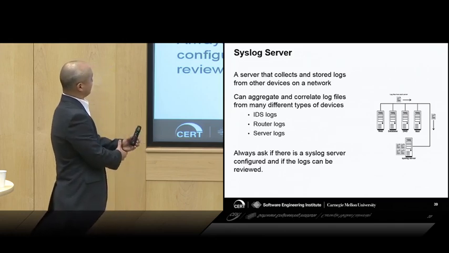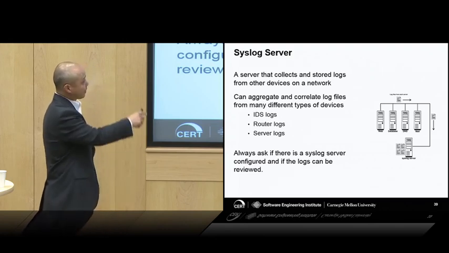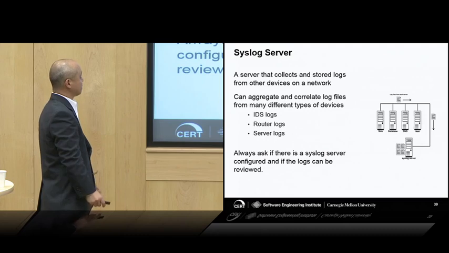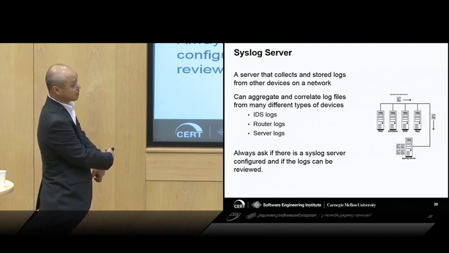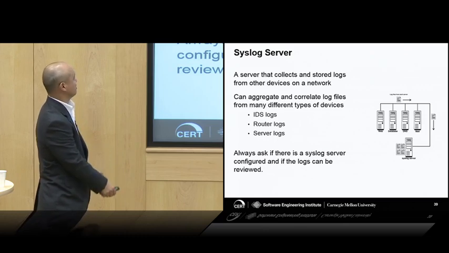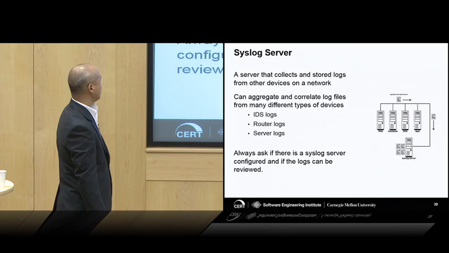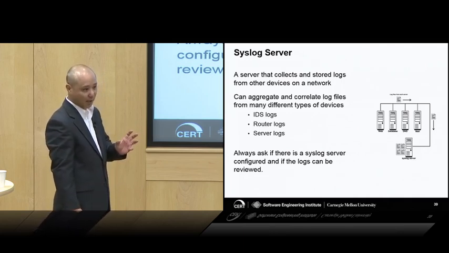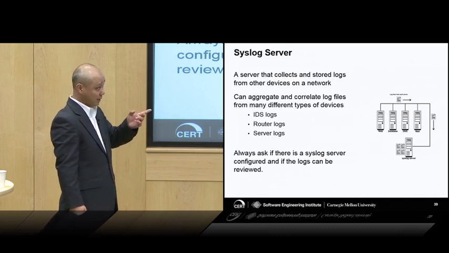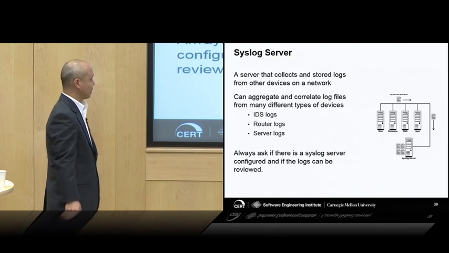Also, in addition to those 4 types, you can push your IDS logs, your router logs, your server logs, proxy logs, and anything else that you would want to put there. It's nice because if you're able to normalize the information in the logs, you're able to run a filter on a significant amount of the information just from one source. So that can make life a lot easier.